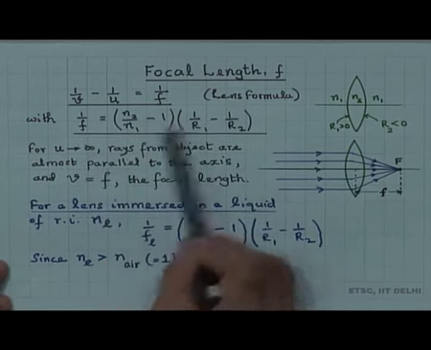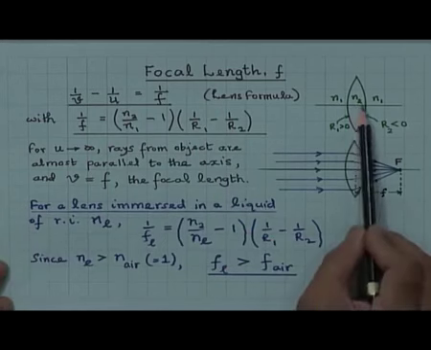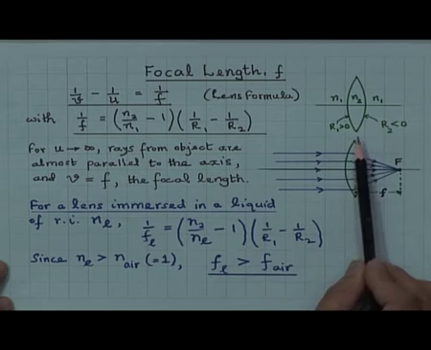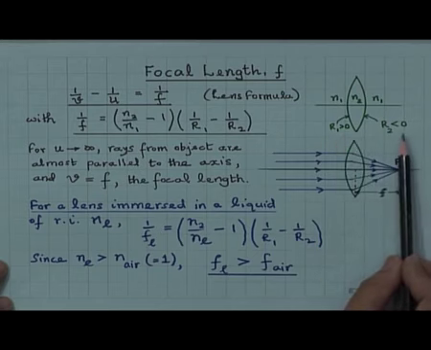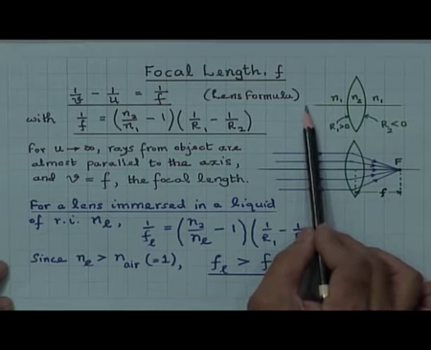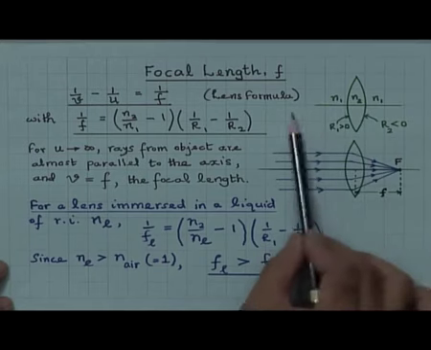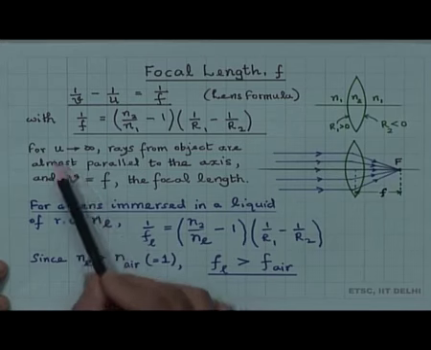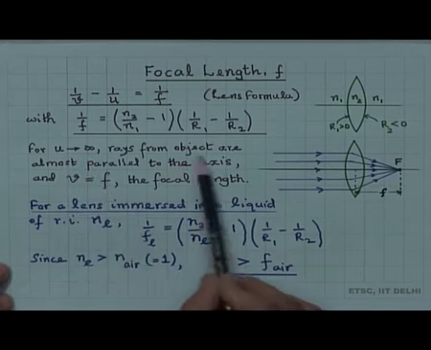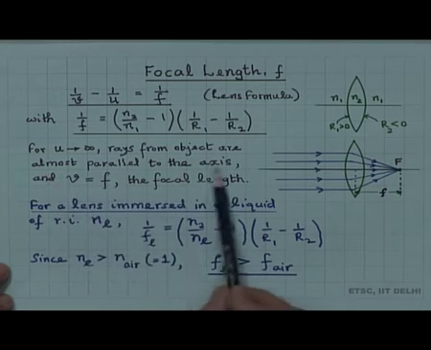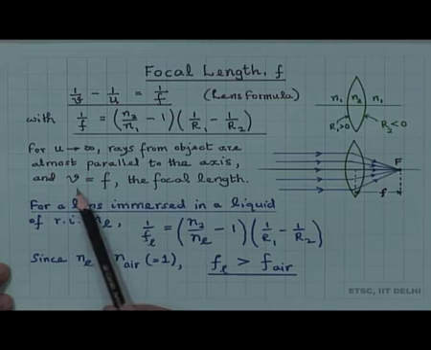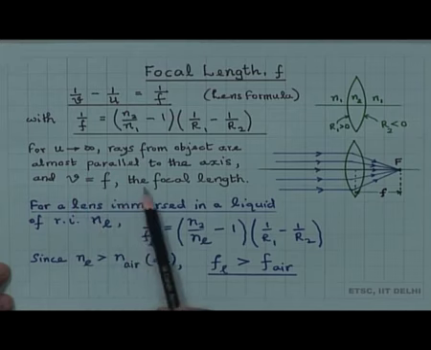With n2 and n1, this is a biconvex lens, R1 is greater than 0 and R2 is less than 0, because R2 has its center of curvature on this side. For u tending to infinity, as we discussed, rays from the object are almost parallel to the axis, and the image distance v is equal to f, the focal length.